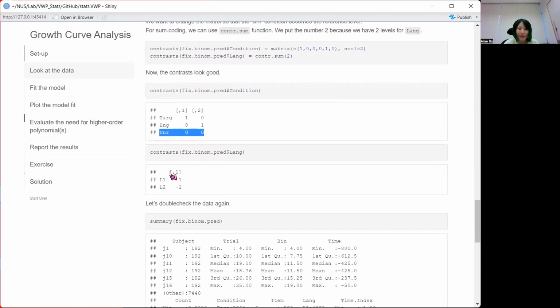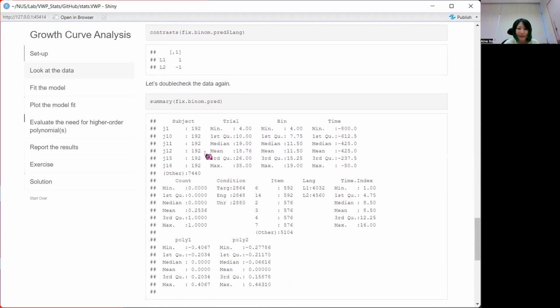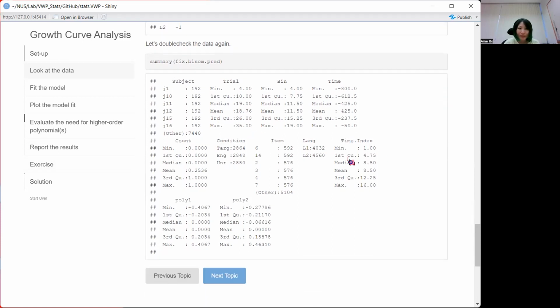For the language group, we use sum coding, so we just use the contr.sum function. We can check the data once again. It does nothing to the data; it's just that it coded the condition and the language group differently. So that's the preparation of the data. Okay, let's go to the next topic.